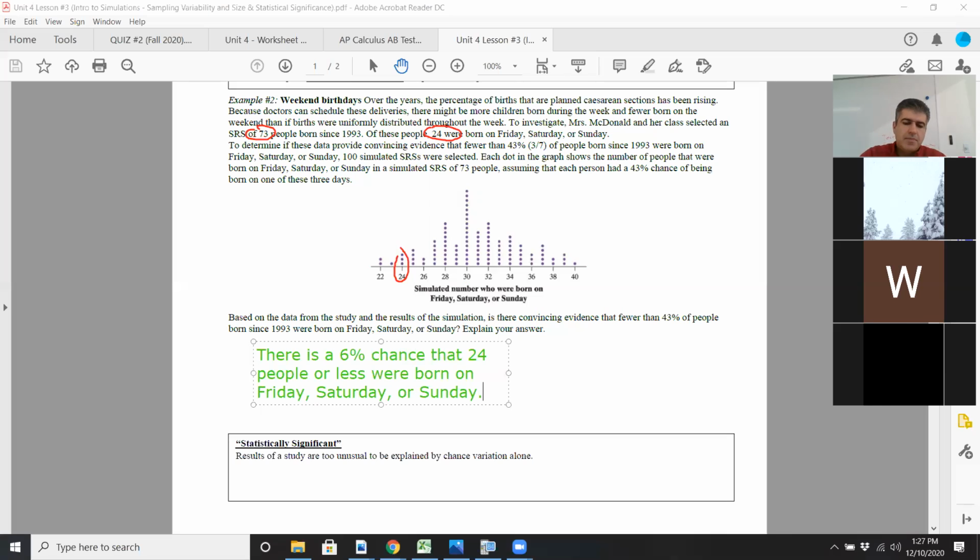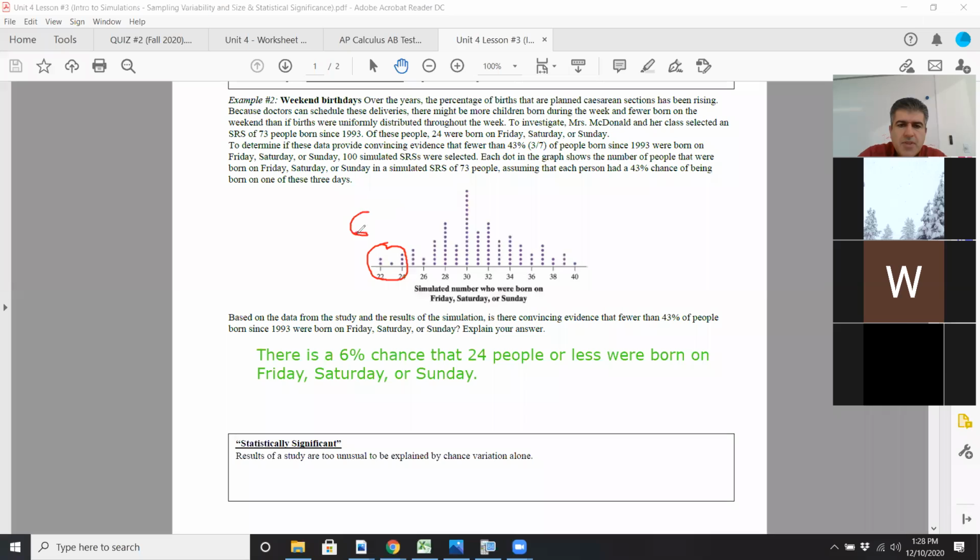And actually, let me expand this one sec. If I look at this right here, let me erase this stuff. Born since 1993, we see there's 6 simulations here.